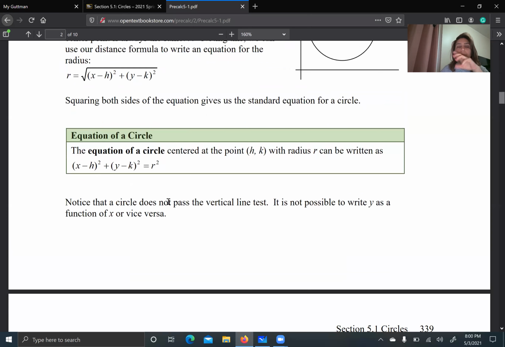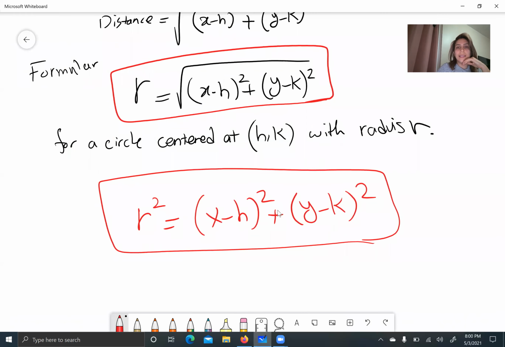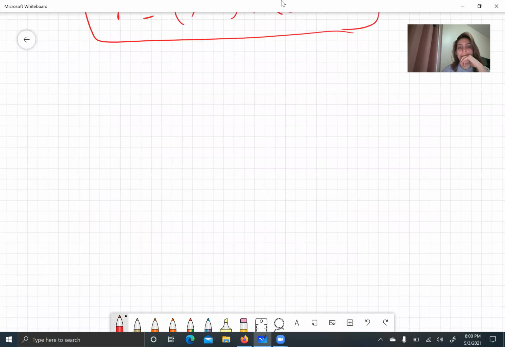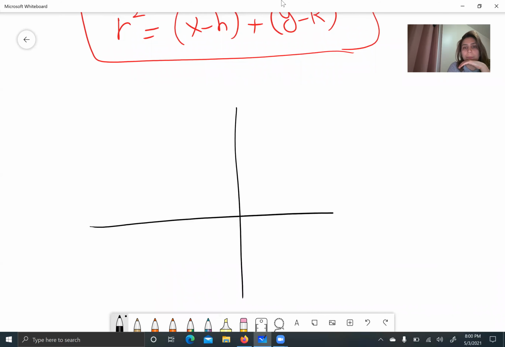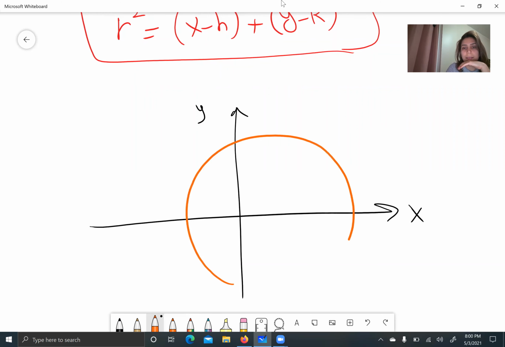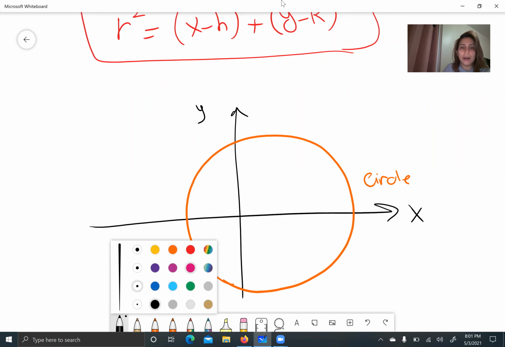And one point is, please pay attention that this is not a graph of a function. The circle is not a function. Why? Because when you look at the graph of a circle, suppose you have a circle, right? This is a circle. This is not a function. Why? Because it fails the vertical line test.